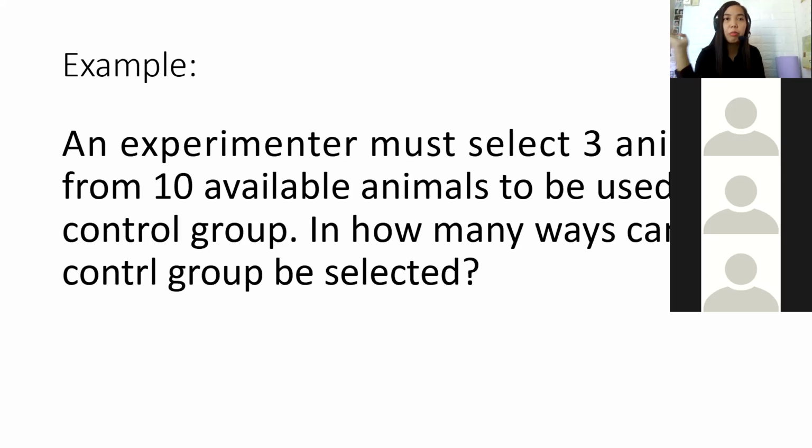May ranking yan. Sa permutation yun papasok. But here, in this problem, we'll just select 3 animals from 10 animals. So, our R is 3. 10 pipili ka ng tatlo. So, our N is 10. Our R is 3. So, you just apply the formula.